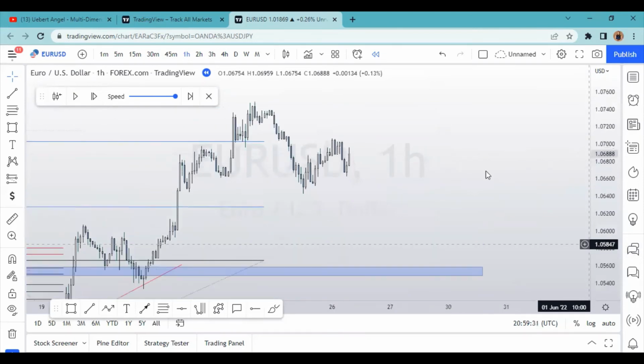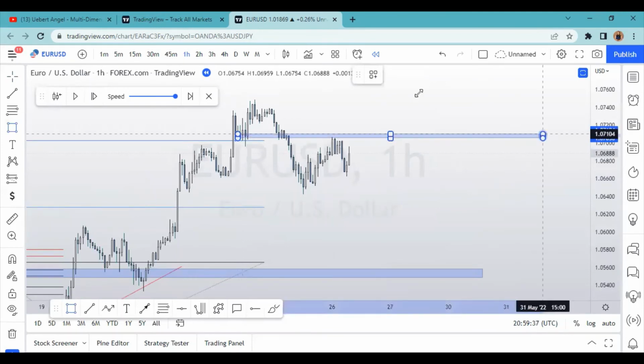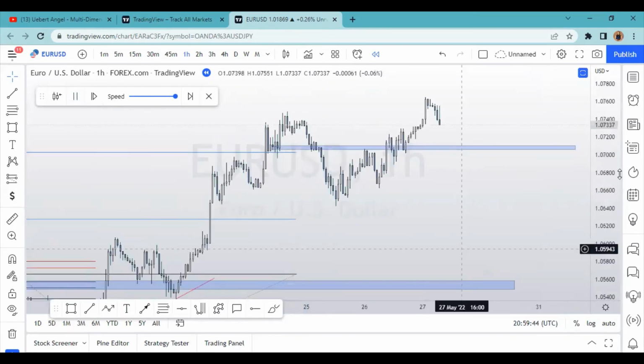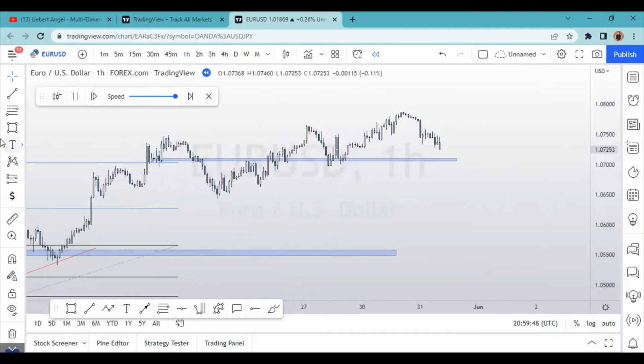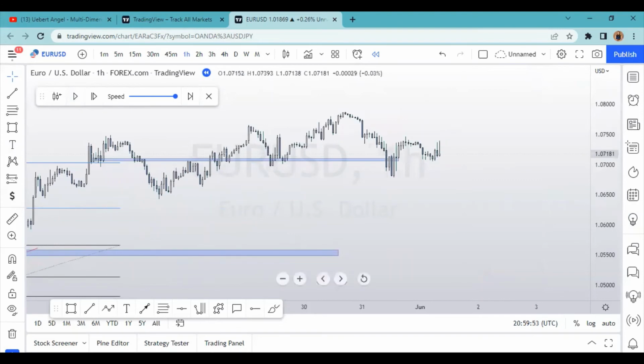But we won't take advantage of what just happened. See where price will respect around this area. So they didn't respect it. So again, we'll wait and see what's happening.